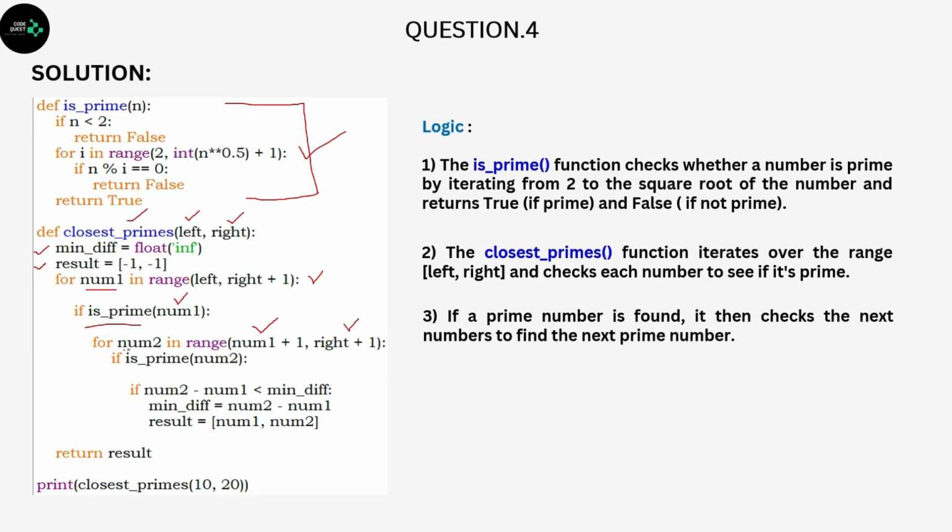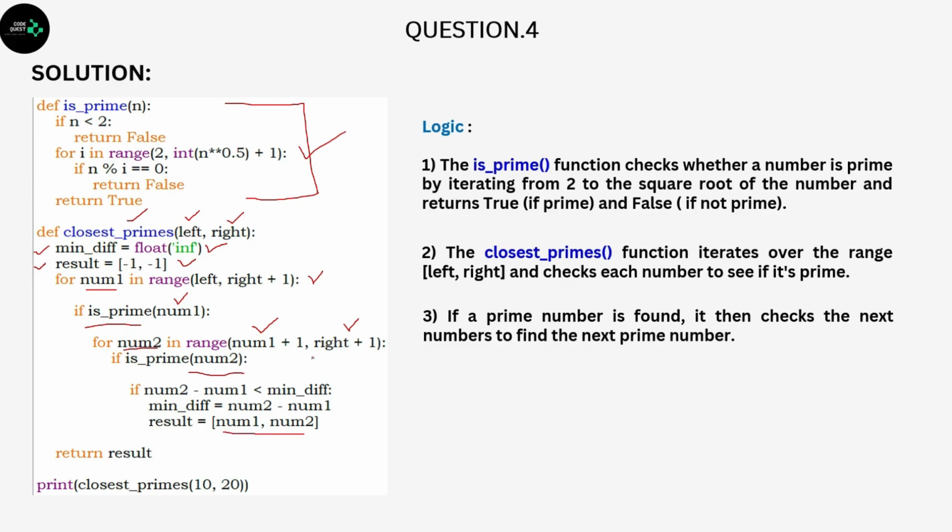So now num2 also I will verify if it is prime or not by calling the same function that we have defined here. Now if num1 is prime, num2 is also prime, then only I will check the difference, and I'll check whether the difference between these two is less than what we have taken initially. If that is the case, then I will update this result array with the values of num1 and num2.